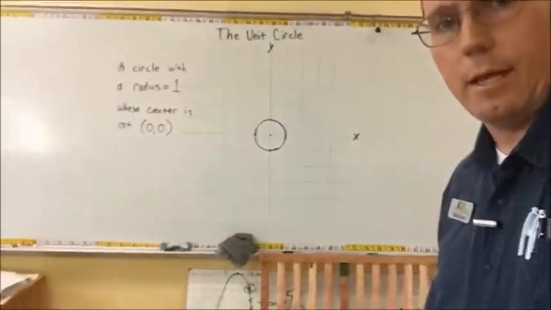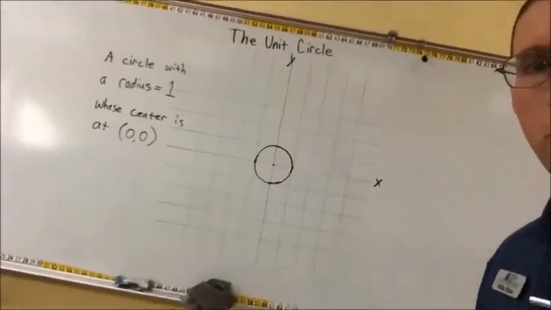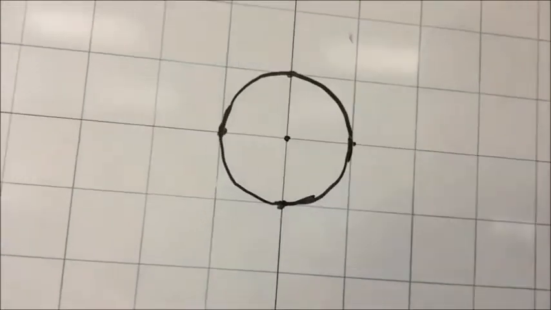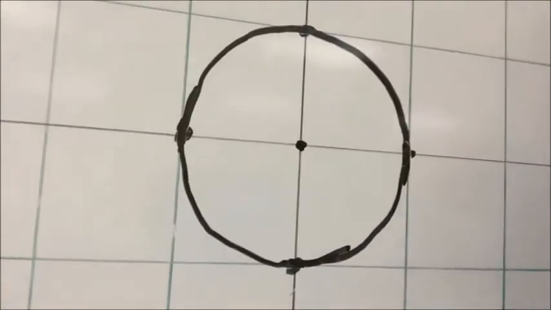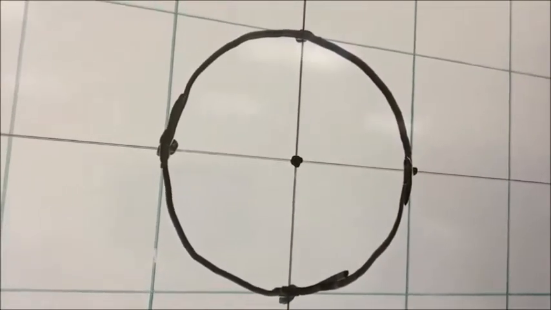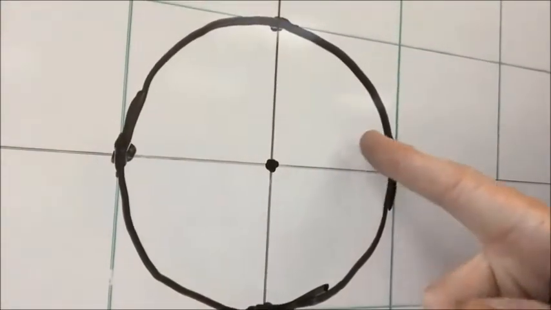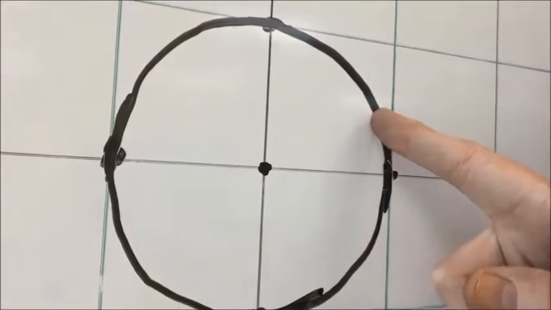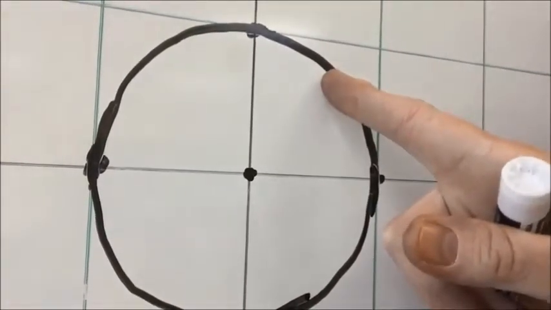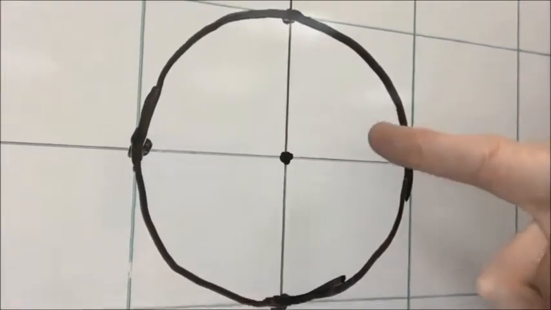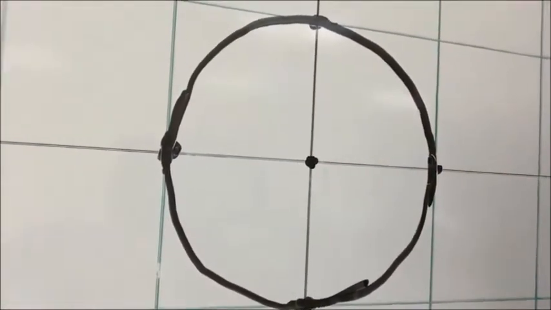Basically, you're just seeing a zoomed in version of that circle. And so now when you're dealing with the unit circle, this is how close you're looking at it.